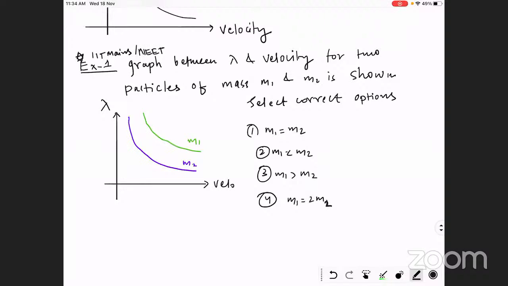You can send me a message also. Option 2. How? Lambda is inversely proportional to mass also. I want an easier explanation. Can you give an easier explanation?